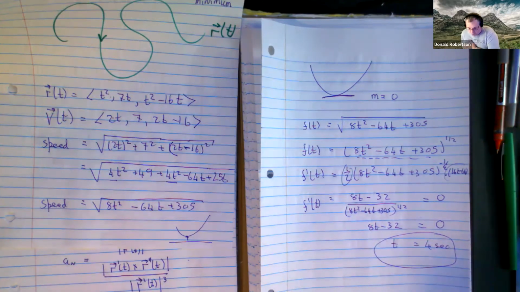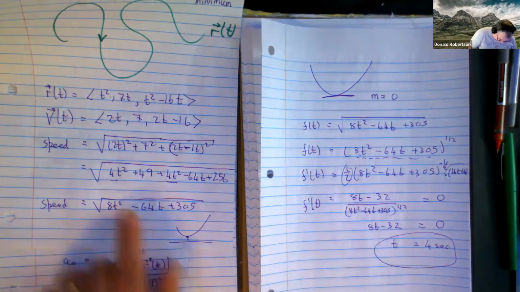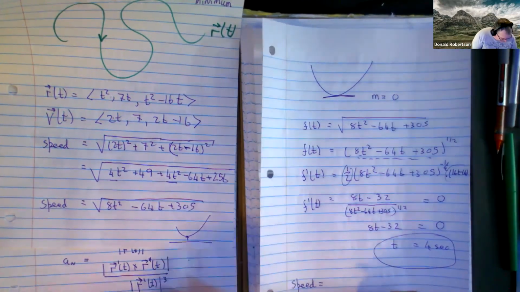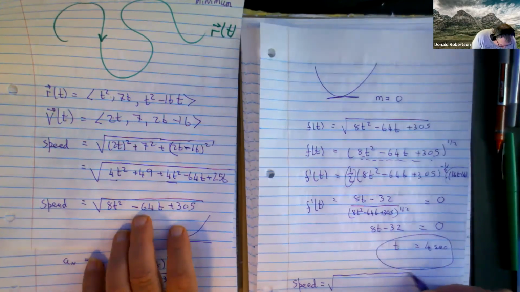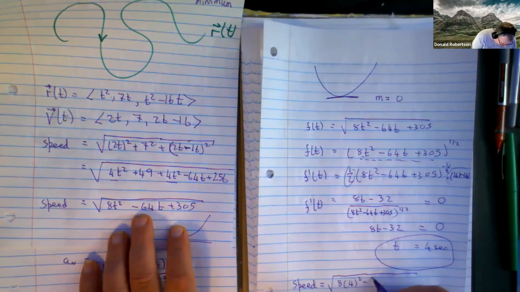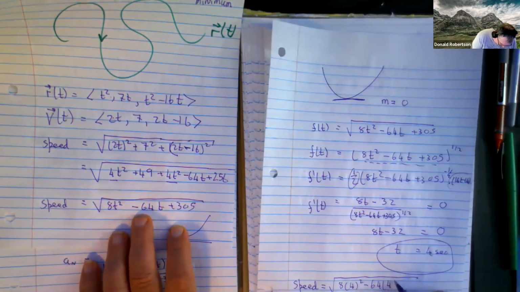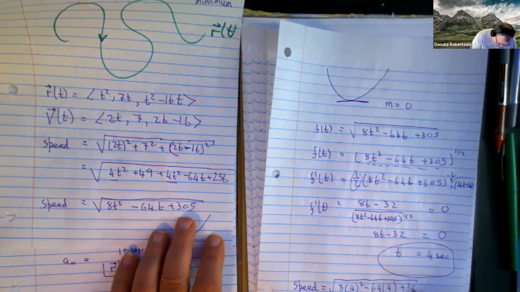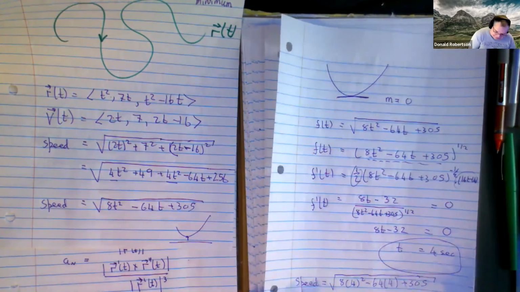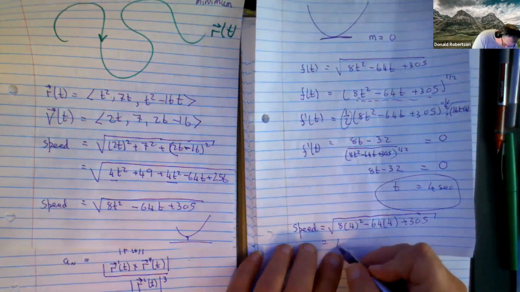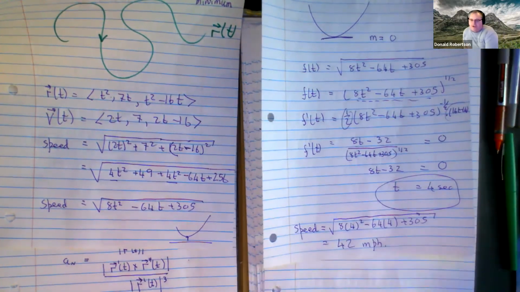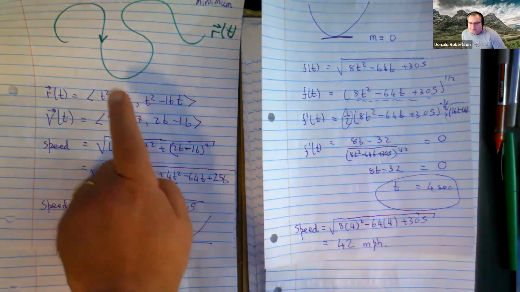Now, if you want to know what is that minimum speed, they don't actually ask it, but if they did, it would be the square root of 8t squared, take away 64 times 4, plus 305. And whatever that horrible mess is, which I do not know what it is, but can we pretend it's 42, then that would be the slowest speed that you'd ever go on that roller coaster.